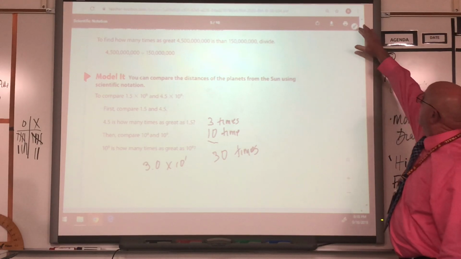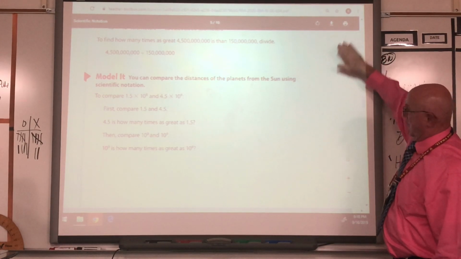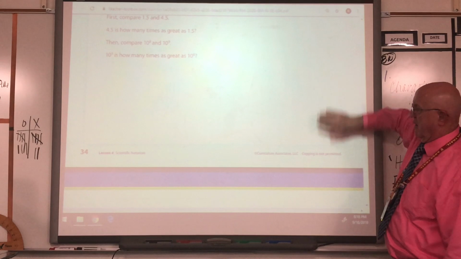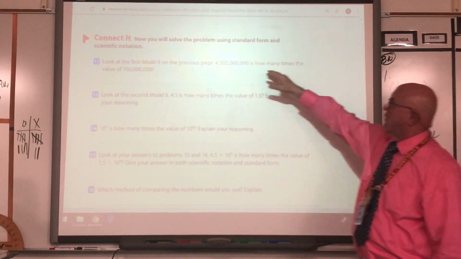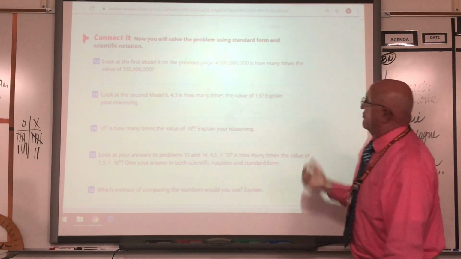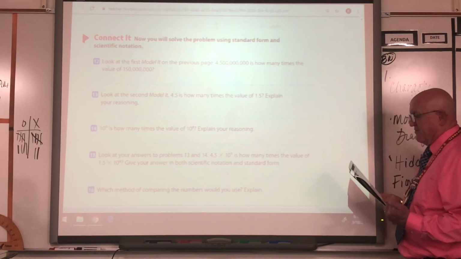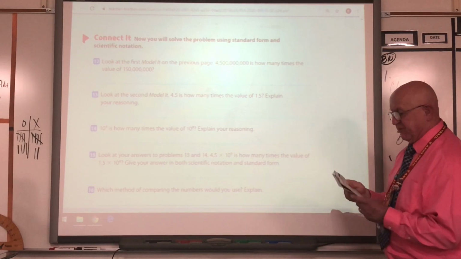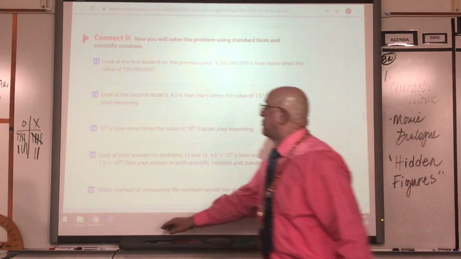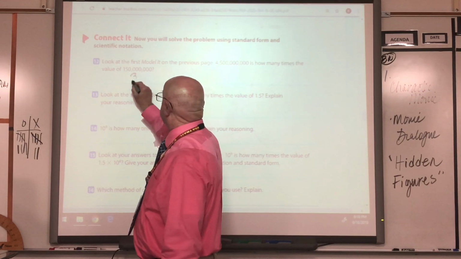Now, let's take a look at the next problem on here. We did this already. How many times bigger is 4,500,000,000 than 150 million? Well, we looked on the first page and we said it's about 30 times as much.